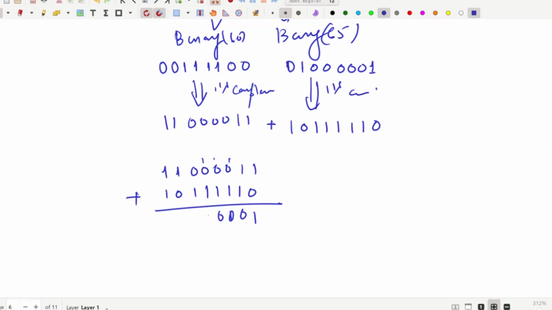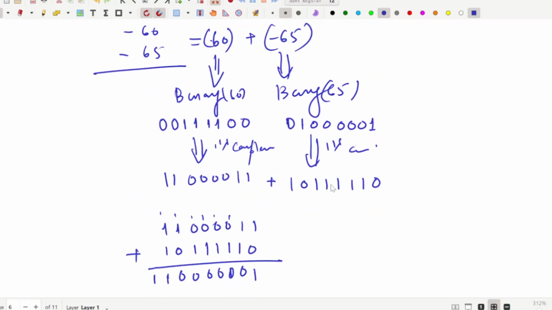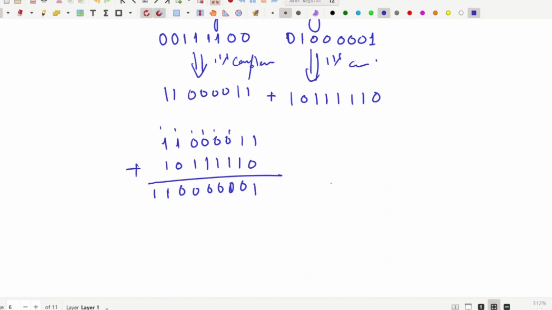Here we see what the sign bit will be. This is the 8-bit representation of the first number, this is the 8-bit representation of the second number, and in both numbers the sign bit is 1.